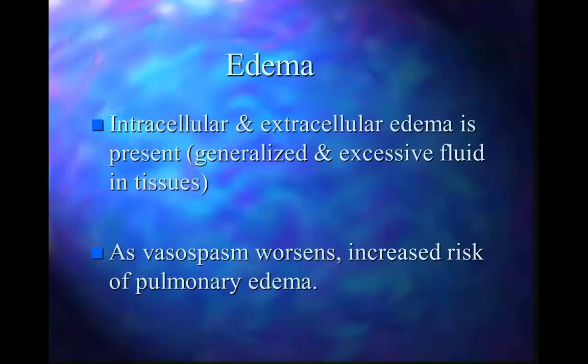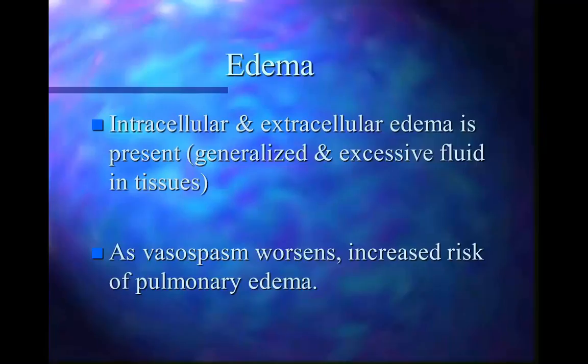Lastly, the edema, and this is where you have intracellular as well as extracellular edema. So you have generalized and excessive fluid in the tissues. As the vasospasm gets worse, you have increased risk now of pulmonary edema. So this edema is not just the swelling of hands and feet and ankles that a lot of pregnant women get after being on their feet all day.